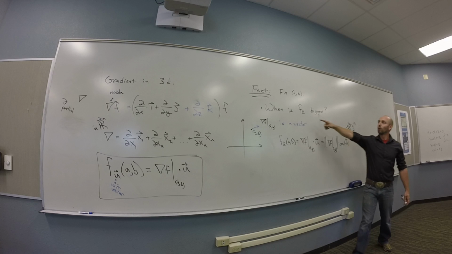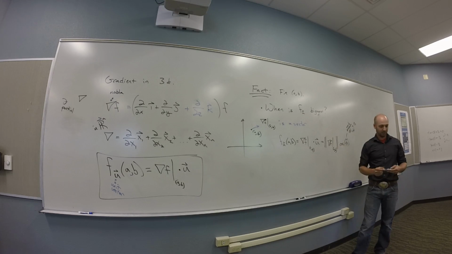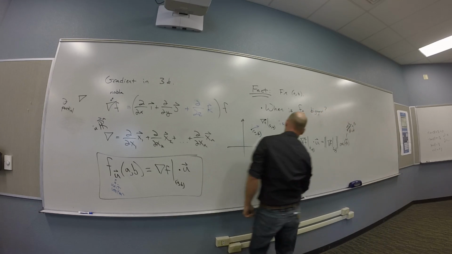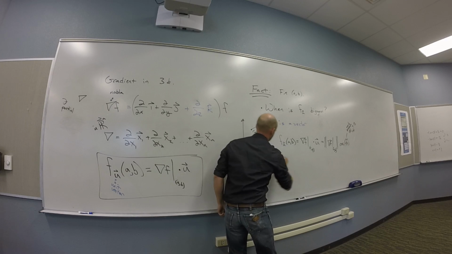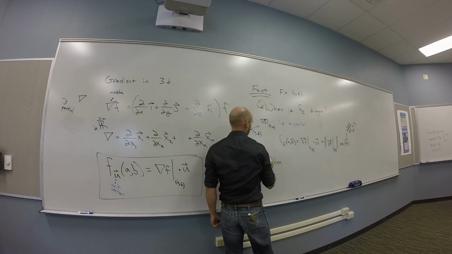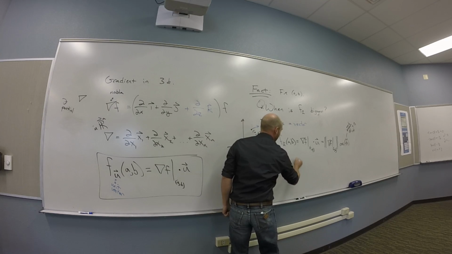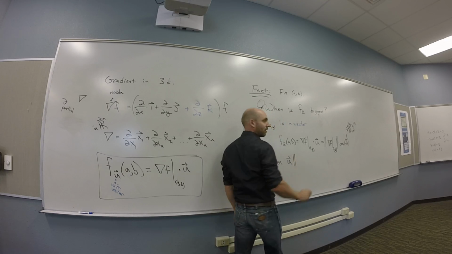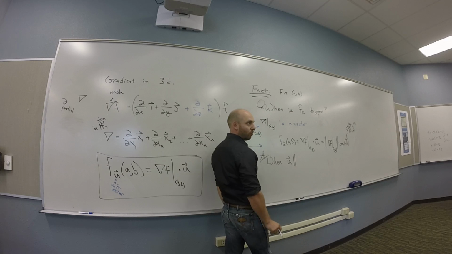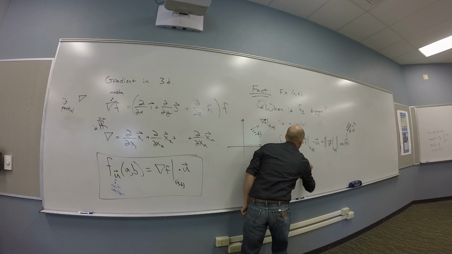So when is f_u biggest? That was the question. Answer: when u is parallel to the gradient of f evaluated at (a, b).